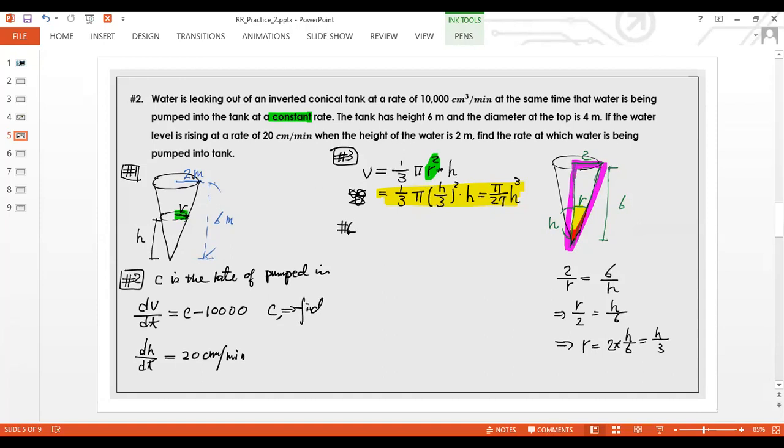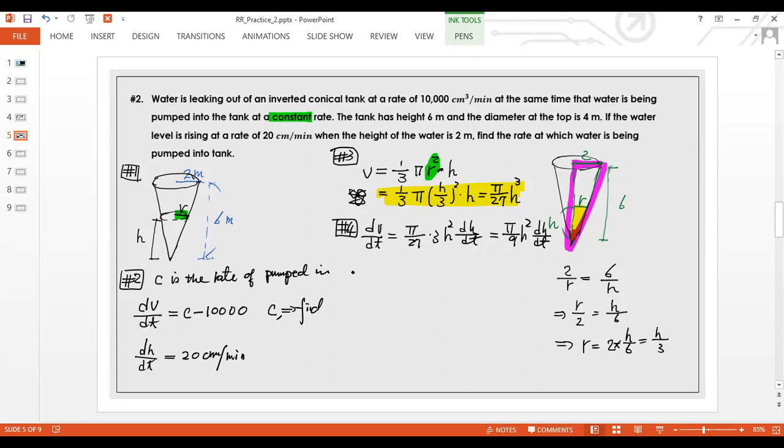Okay, so number 4 is here. Let's take the derivative of both sides. So dV/dt is equal to pi over 27 times 3 H squared dH/dt. This will give me pi over 9 H squared dH/dt.